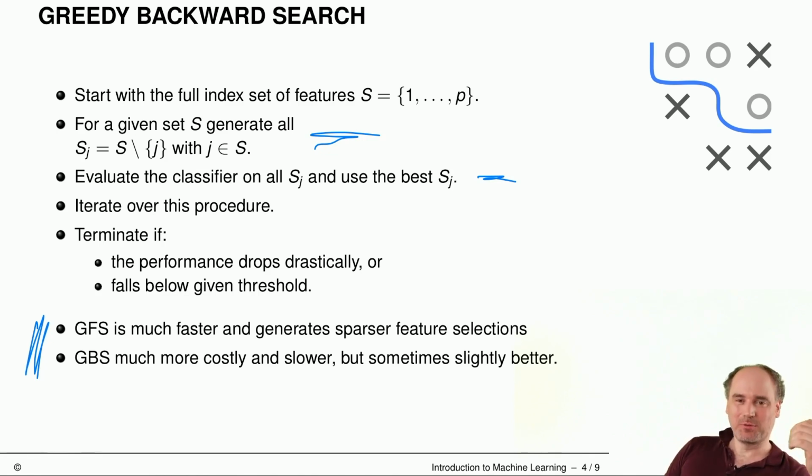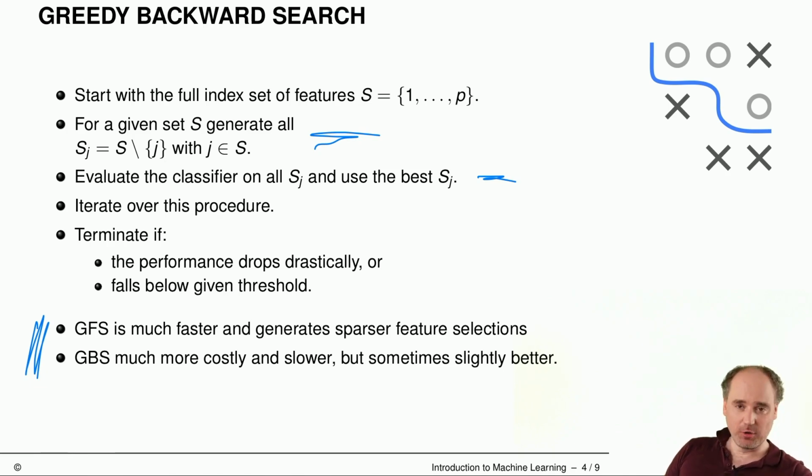And then you're training models with one feature, then with 2 features, then with 3 features. Your model is likely going to scale at least linearly in P, maybe even more. So if you compare this with backward search, where you train on all of the features, and then on P-1 features, and then on P-2 features, the model training in forward search is going to be much, much cheaper than in backward search. So for that reason, forward search is usually cheaper.